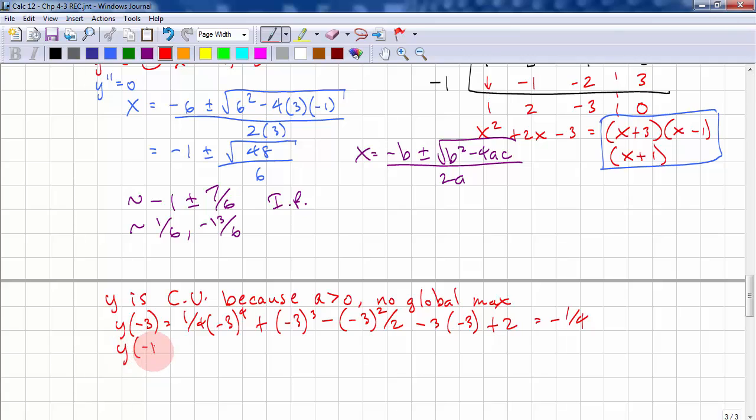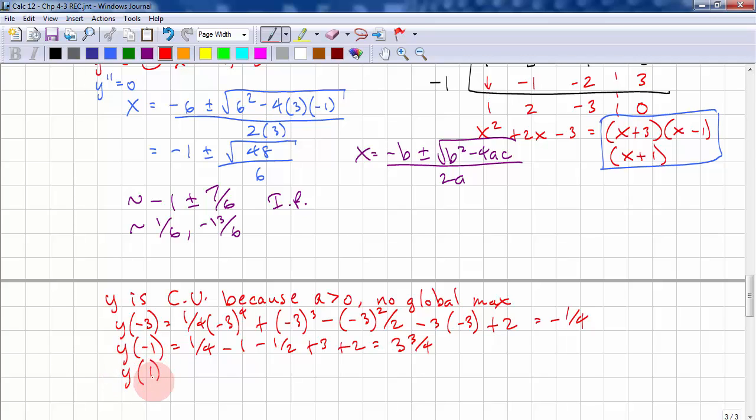Y of negative 1 equals 1/4 minus 1 minus 1/2 plus 3 plus 2, and this gives us 3 3/4.